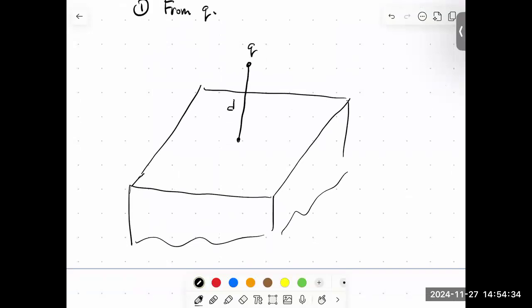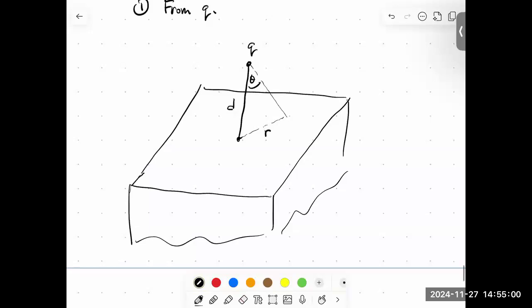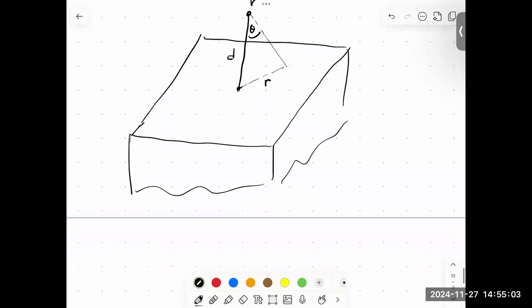Then I'm going to go to some arbitrary point on the surface of this dielectric, over here, and this is the distance r. We're going to be worried about this hypotenuse, and here's theta. This distance is the square root of d squared plus r squared.